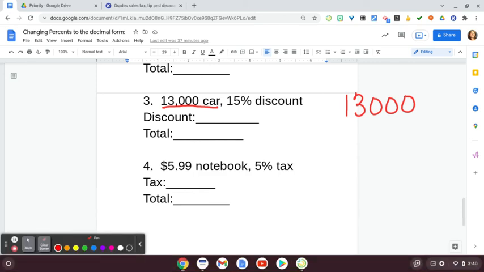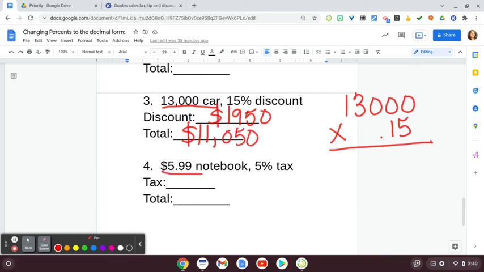Okay, you don't put the comma in. In order to find the 15% discount, change it to its decimal form. So 13000 times 0.15, and you get $1,950 as a savings. Since it's a discount, we subtract. So we subtract that $1,950, and our sale price of our car now is $11,050.